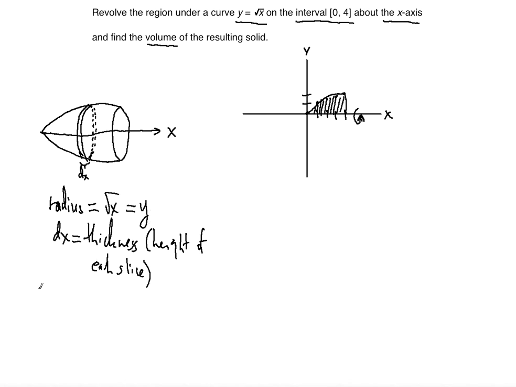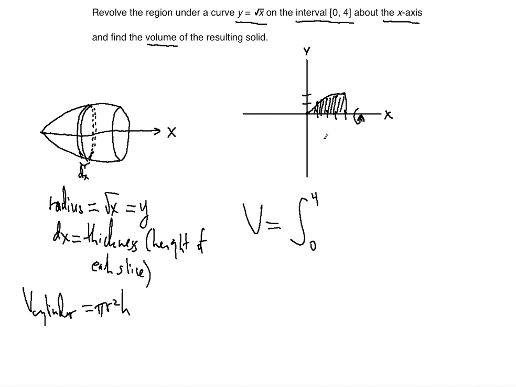As you know, the volume of a cylinder is pi r squared h. Using the same formula, we can determine the volume of this solid if we revolve it about the x-axis. So we're going to take the integral from 0 to 4, because you're trying to sum up all the n slices with n taken to infinity.